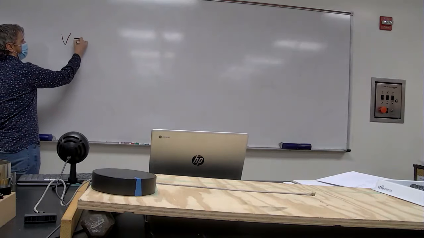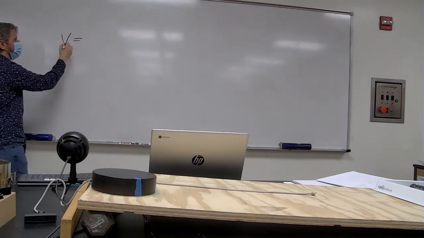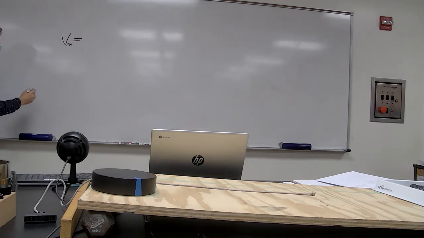We said that the velocity of the center of mass of the object as it was rolling, if it's rolling without slipping, is the same as the linear speed of a point on the rim of the rotating object. That was the condition required.